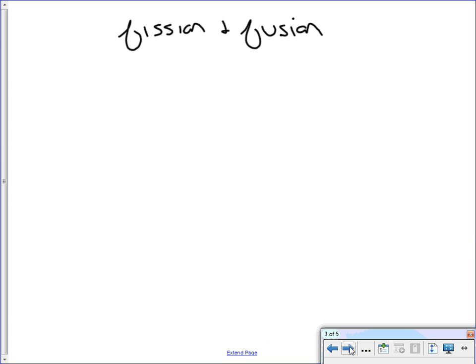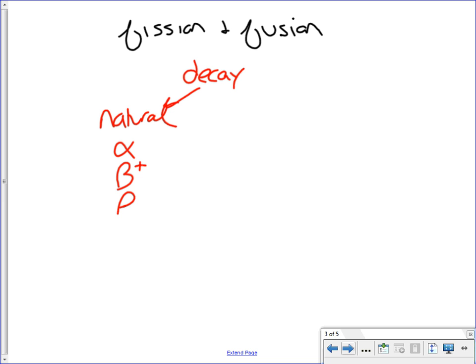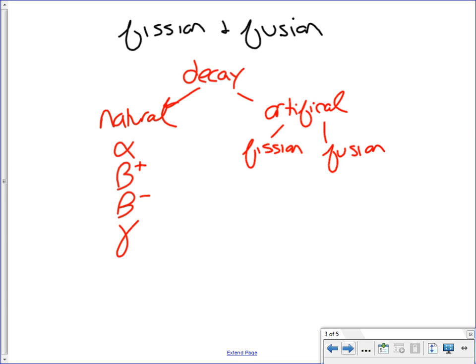Fission and fusion are two types of artificial decay. Okay, so if we're looking at decay, we have natural, which is alpha, beta plus, beta negative, and gamma, and we have artificial. Artificial can be fission, fusion, and all other, miscellaneous.